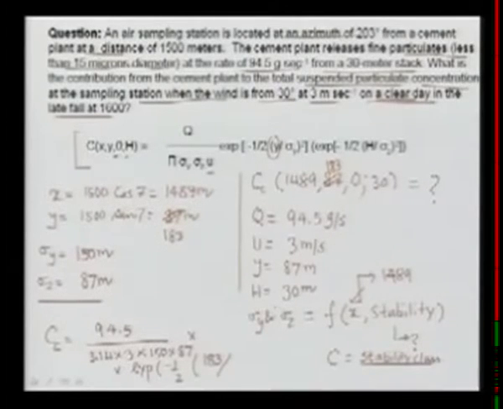divided by the value of sigma y, which is 150, whole square bracket close, times the term related to h by sigma z. So that is again exponential of minus 1 by 2. What is the value of h? 30. What is the value of sigma z? 87. Remember that y was equal to 183 meters.